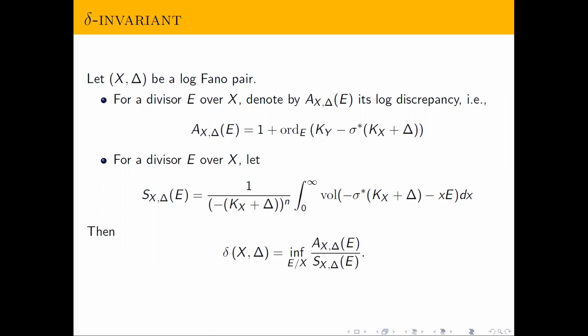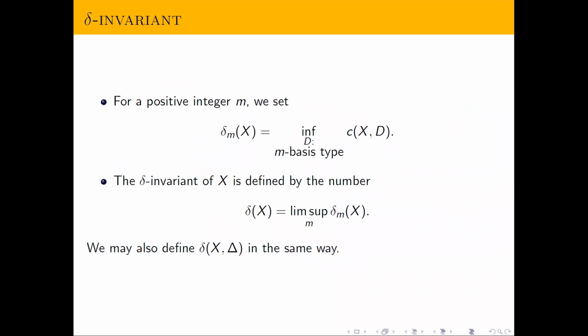For any divisor E over X, you consider the log discrepancy of E, and also the expected volume, and then you take the fraction of these numbers and take the infimum among these divisors E.